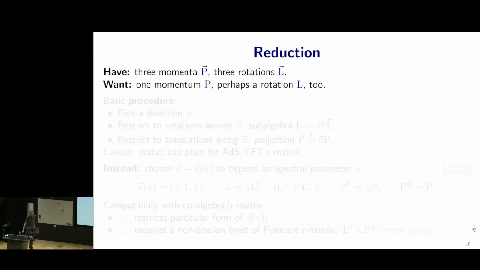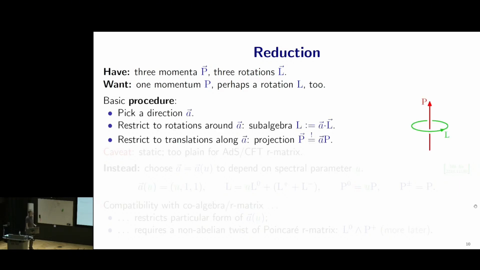Okay, so back to our problem. We do have three momenta. We also have three rotations in this Poincare algebra, and we just want one momentum, but we maybe also want one rotation generator L. How do we do that? Well, in 3D, you can just pick a direction.